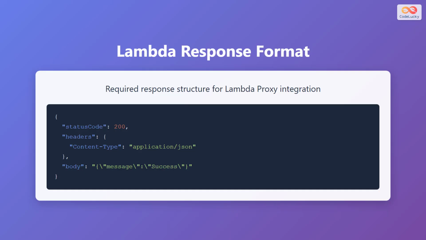Third is the body property, which contains your response data as a JSON string. It's important to note that the body must be a string, not an object, so you need to stringify your JSON data before returning it. This standardized format ensures API Gateway knows how to properly format the HTTP response sent back to the client.